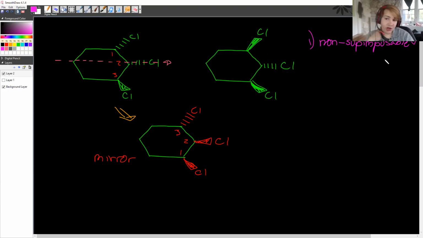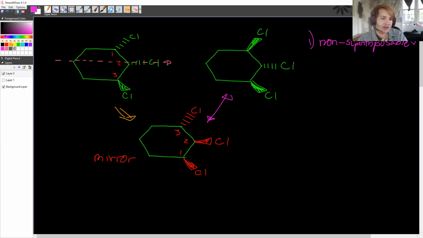Why can I not spell this today? The fact that they're non-superimposable means that we're starting down this path of determining if they are stereoisomers and what kind of stereoisomers they are. So it's this comparison that tells us non-superimposable.